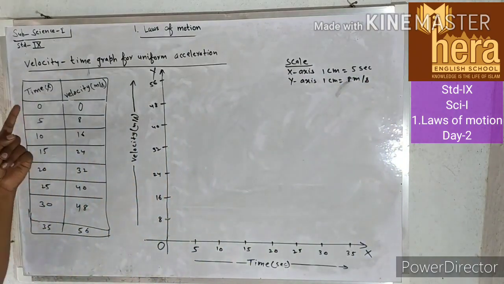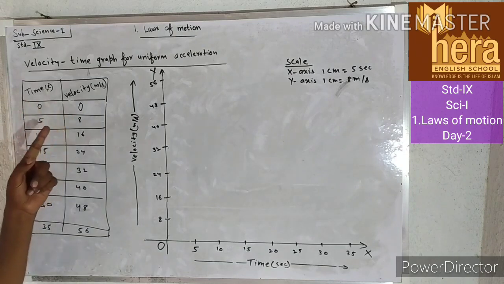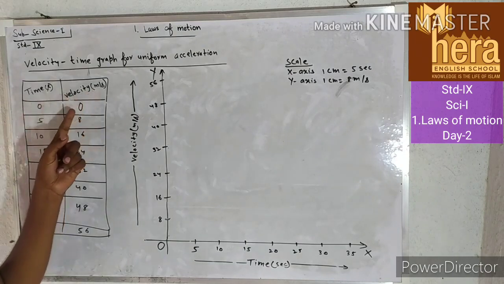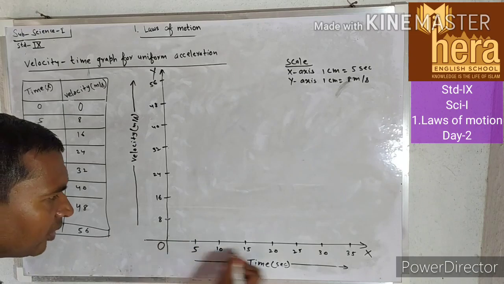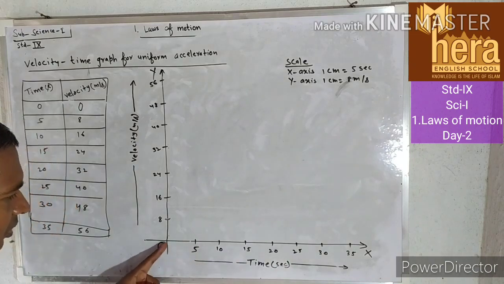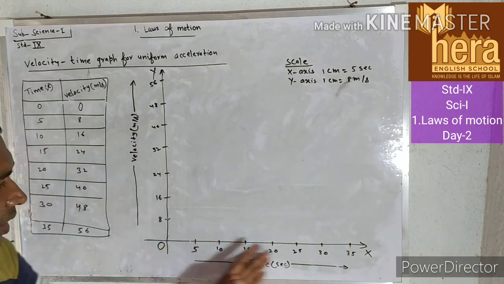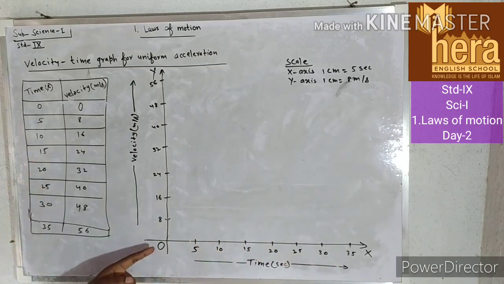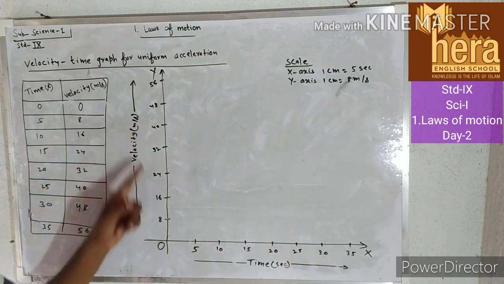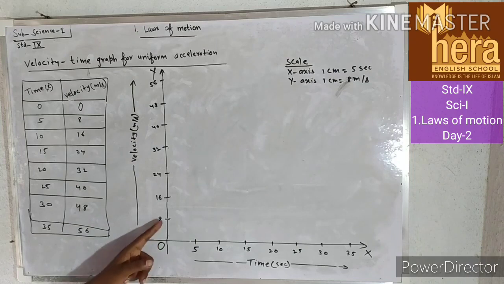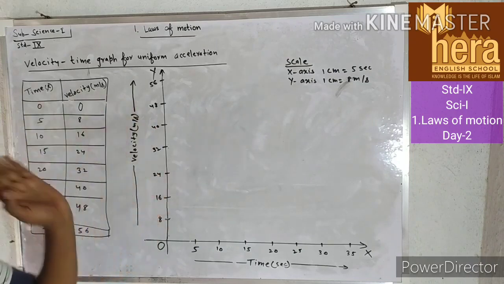Now see, t is equal to 0, velocity is equal to 0 meter per second. Here t is equal to 0, here t is equal to 5, here 10, and so on. Here velocity is 0 meter per second, here 8, 16, and so on.